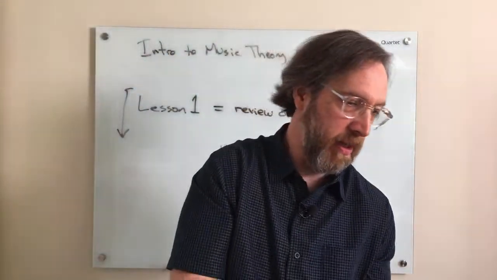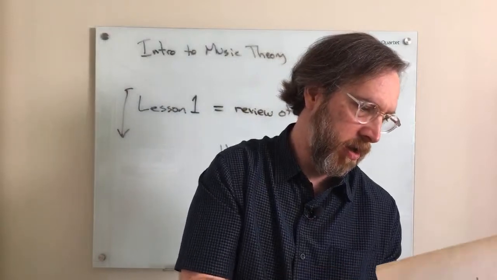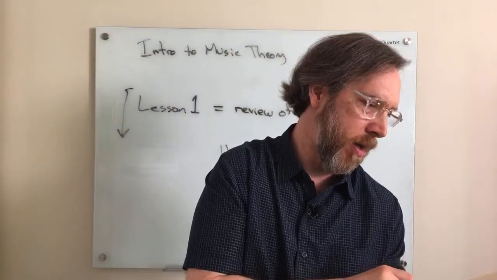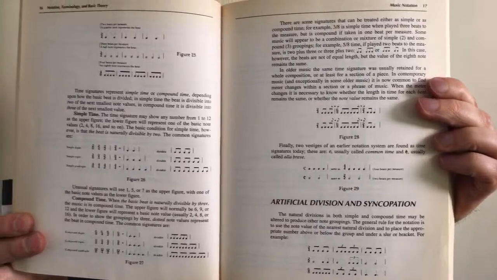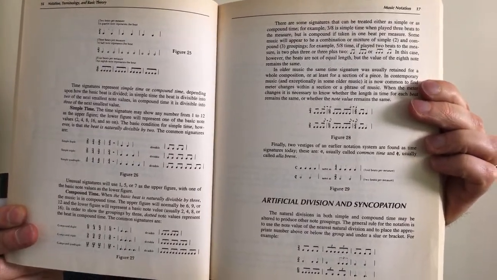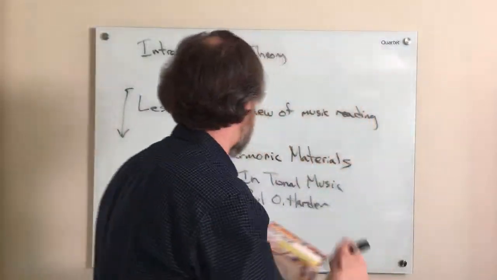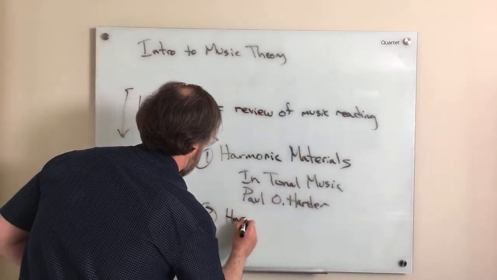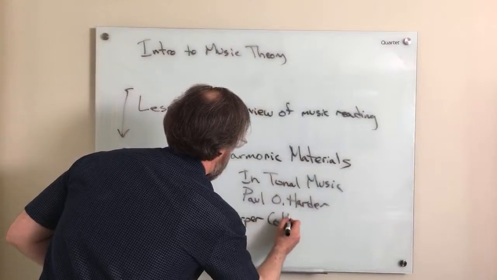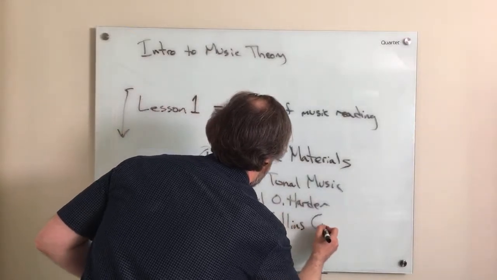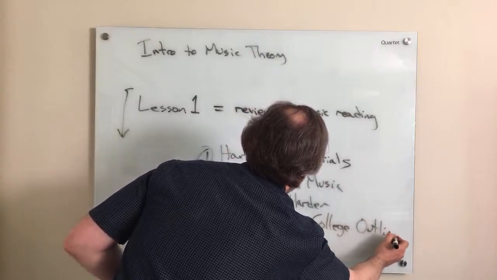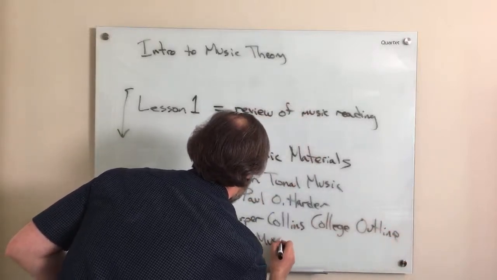Let me see. They start off pretty basic. They talk about rhythms, and they get complicated pretty quickly. But that's the kind of sense. So this is one, the HarperCollins College Outline for Music Theory.